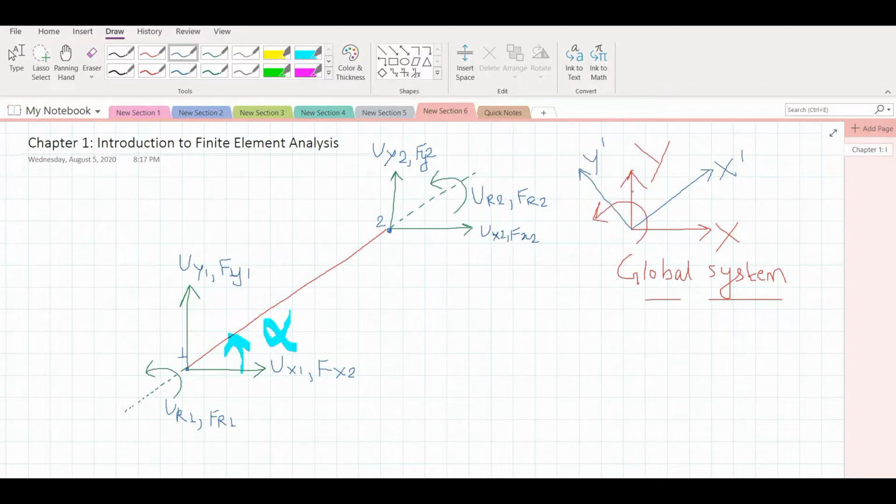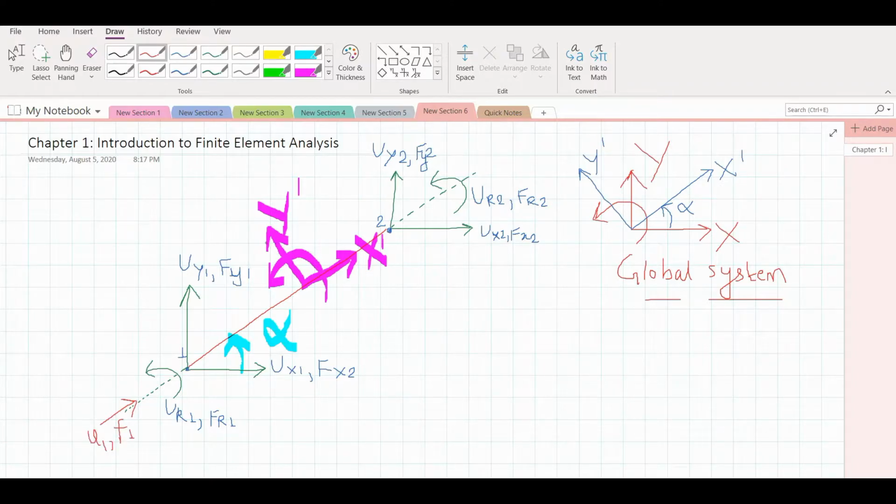This will remain the same because this will rotate about the same axis, and let this be angle alpha. Then here what we'll have is this will be x dash direction, this will be y dash direction, and that will be rotational direction. Along x dash you can write u1 f1.